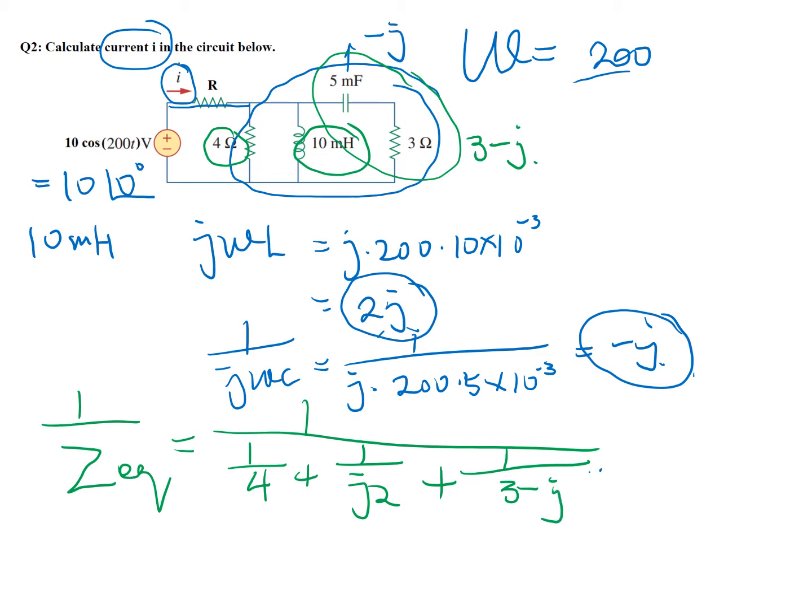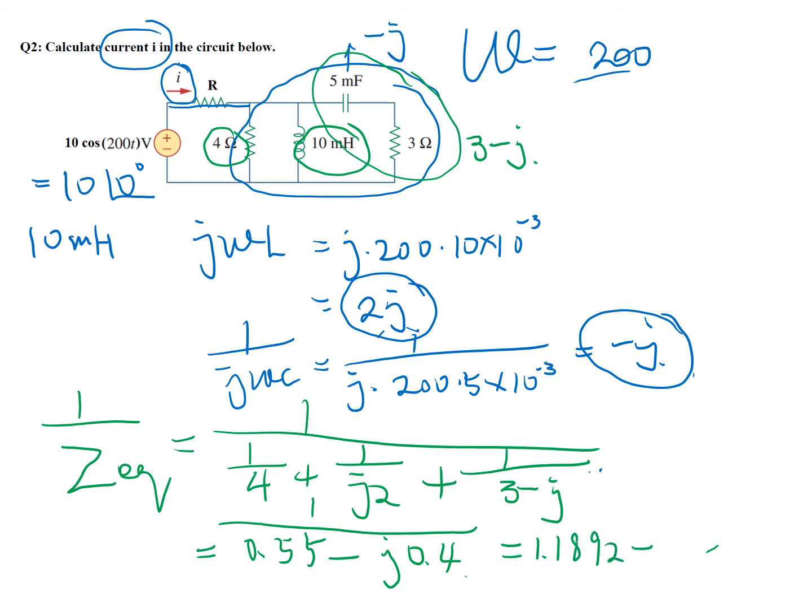If you simplify this expression, you get 0.55 minus j0.4, and then 1 over this value. Simplifying further, you get 1.1892 plus j0.865.